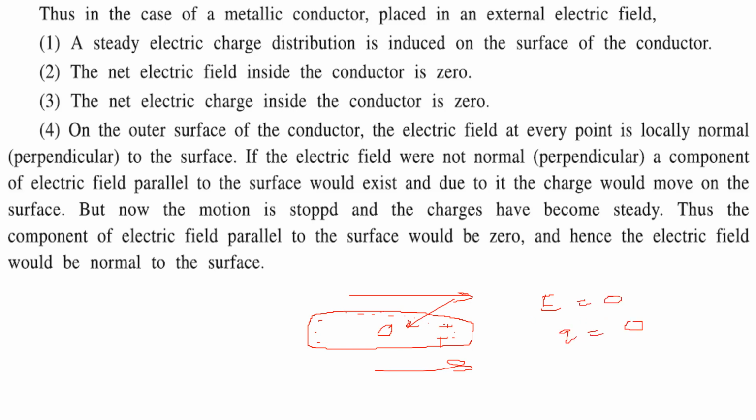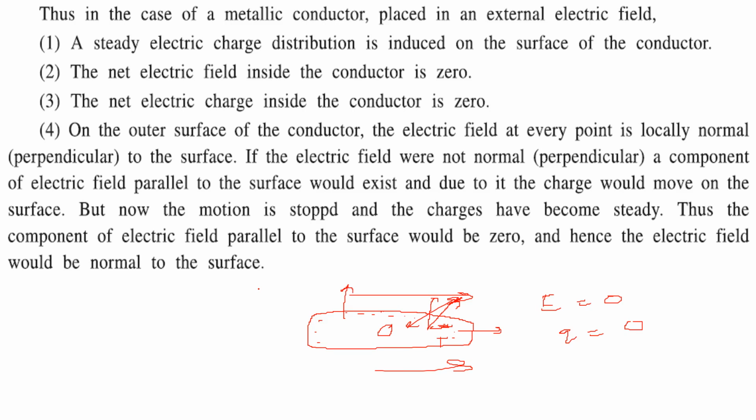And on the outer surface of the conductor, the electric field at every point is locally normal to the surface. If the electric field were not normal, that is, not perpendicular, then we have to take the component. If it is like this, we have to take the component of the electric field which is parallel to the surface.